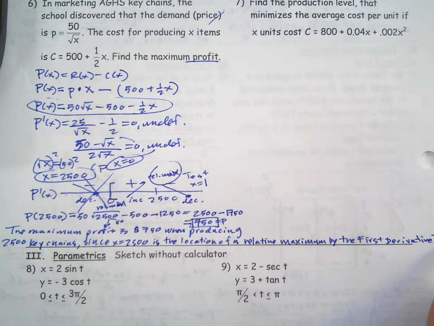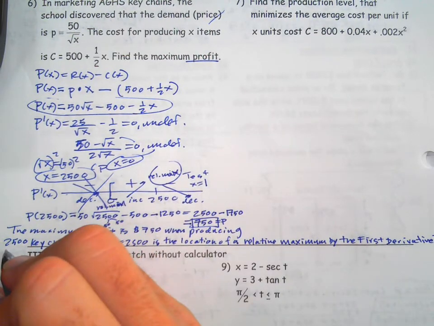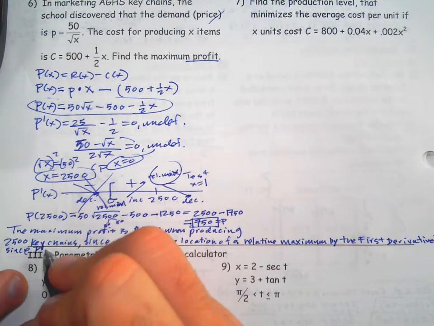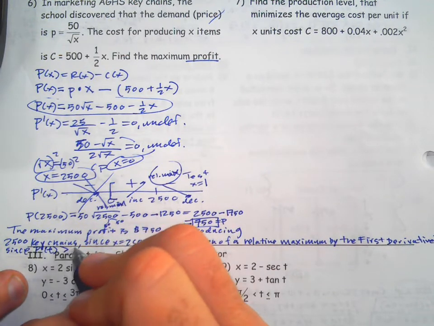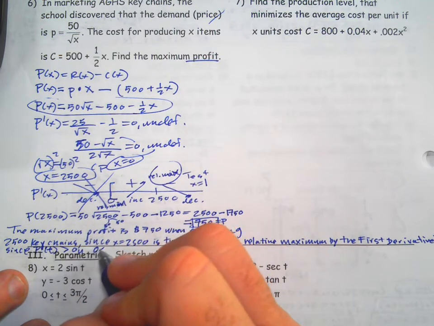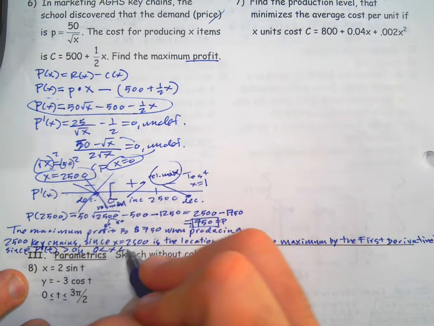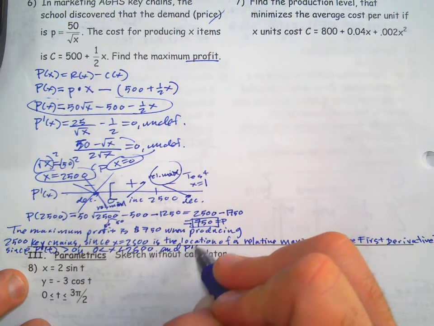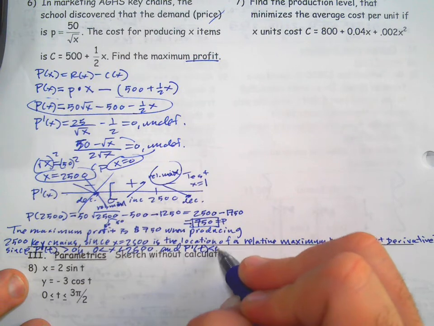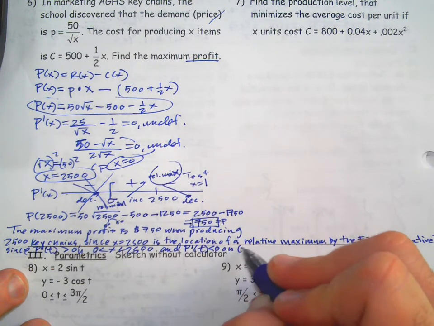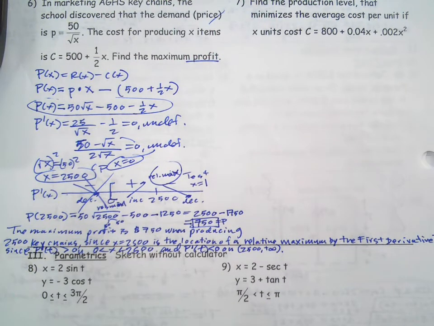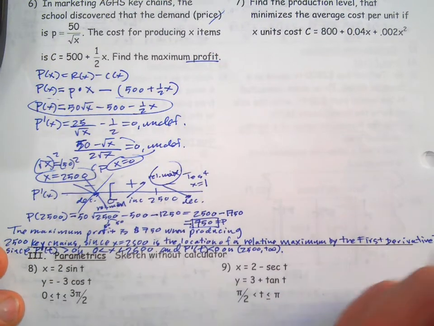So you have to explain how the first derivative test works. Since p prime was positive on the interval 0 to 2500, and p prime was negative on the interval 2500 to positive infinity, then we've got to say why that relative maximum is going to be an absolute maximum.